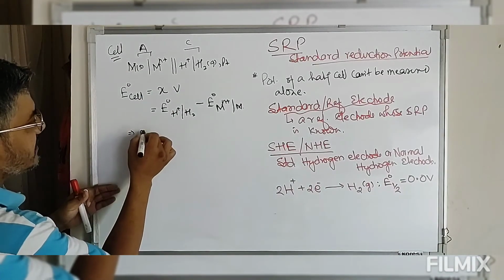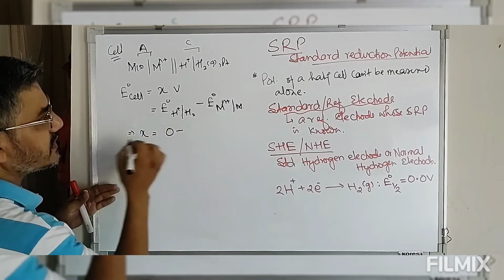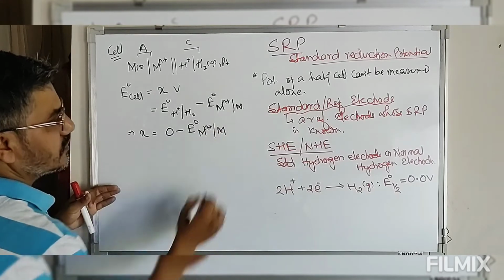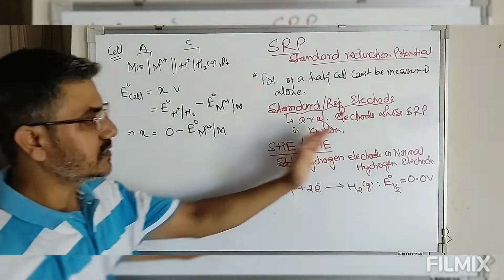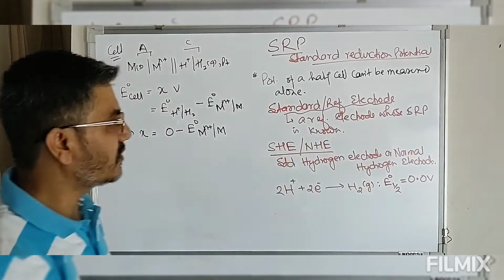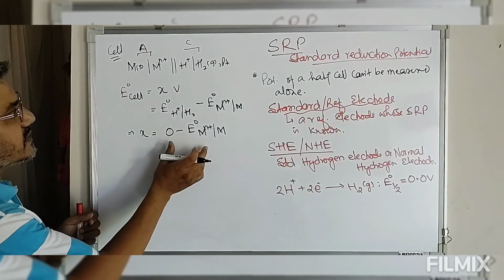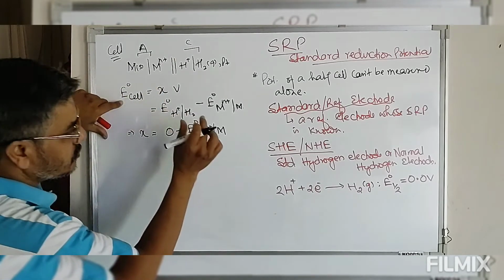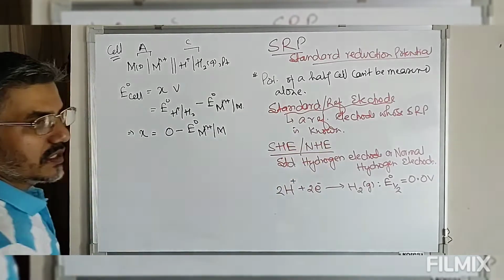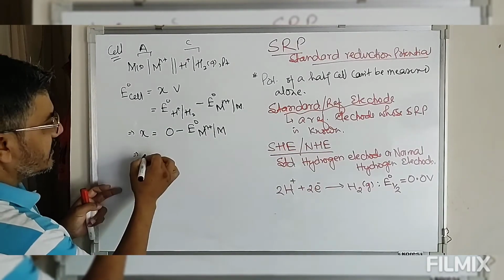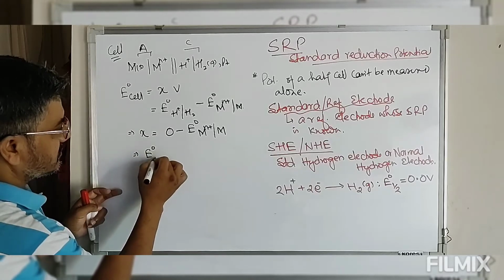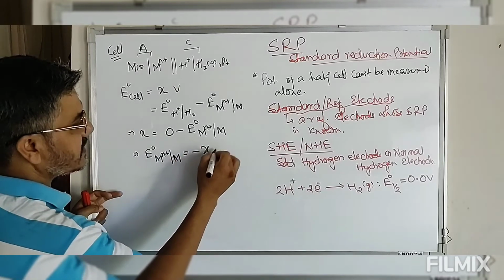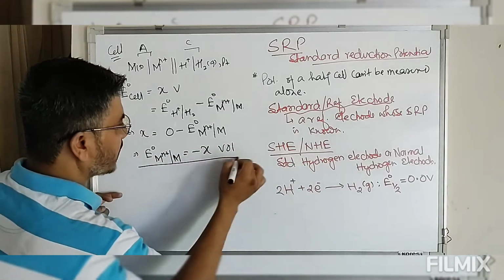So therefore E cell is equal to 0 minus E naught of Mn plus M. So once we have this standard hydrogen electrode whose value is arbitrarily assigned a value of 0, when we combine this electrode with an unknown electrode, the resulting cell potential is equal to the potential of the unknown electrode. So the potential of this unknown electrode, Mn plus to M, is equal to minus X volt.